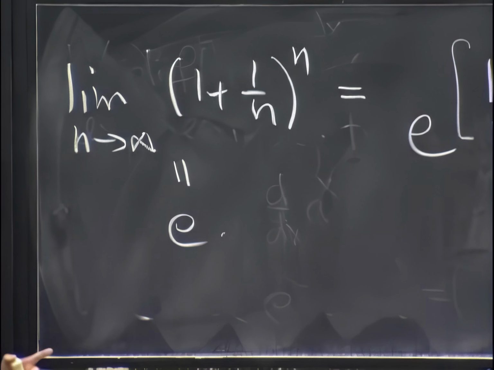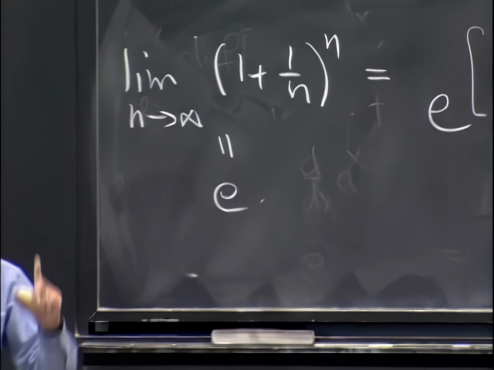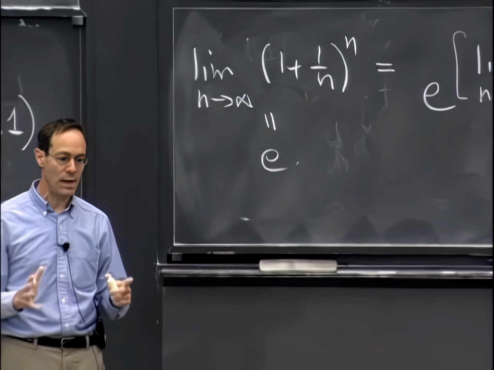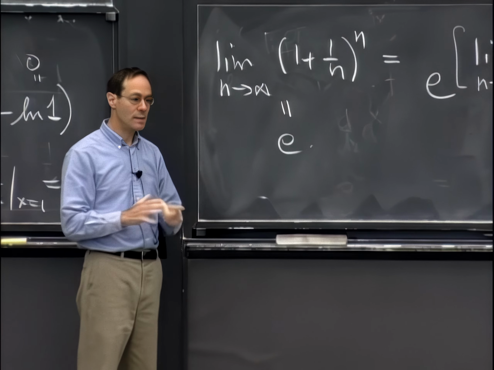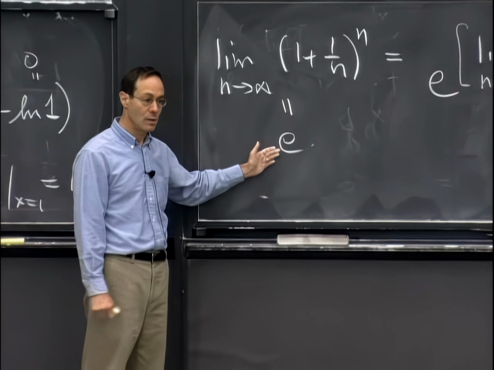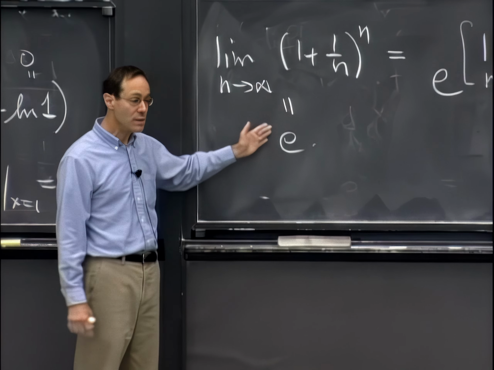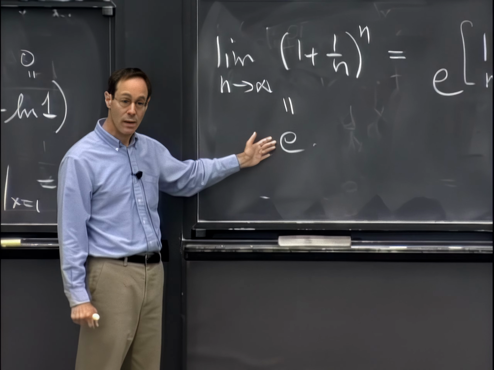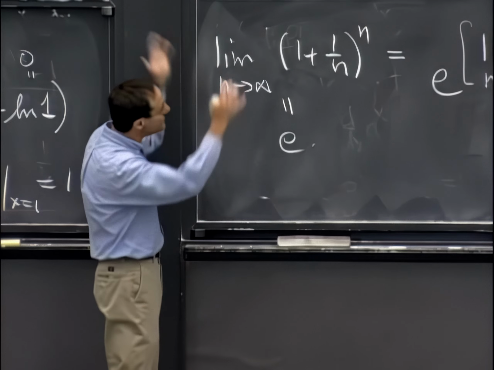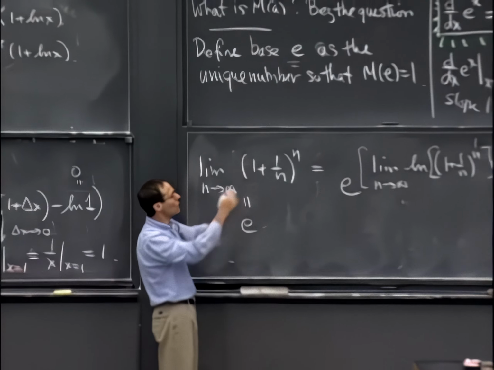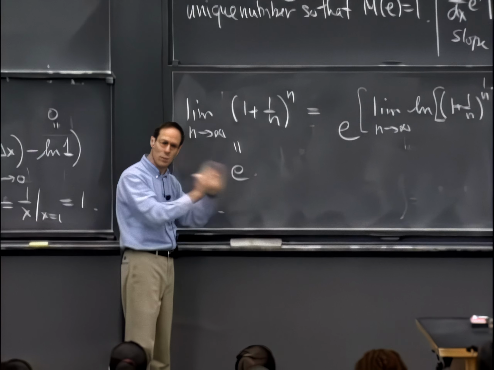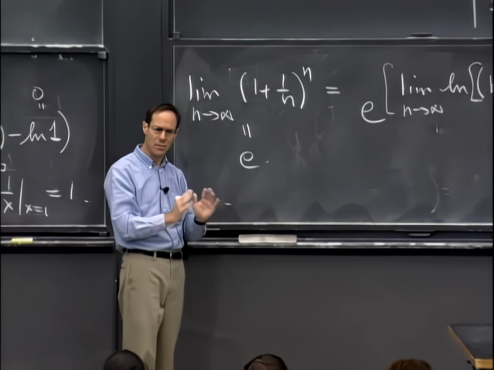So I claim that with this step, we've actually closed the loop finally, because we have an honest numerical way to calculate e. There are many such, but this one is a perfectly honest numerical way to calculate e. We had this e, we didn't know exactly what it was. It was this m of e, there was m of a, the logarithm, and so on. We have all that stuff, but we really didn't need to nail down what this number e is.